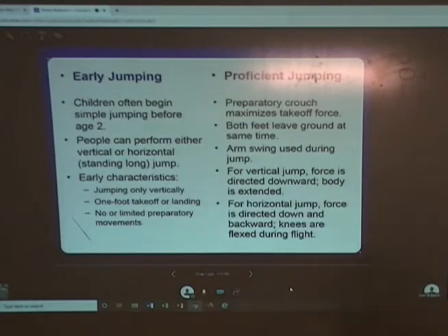So let's take a closer look at jumping. If you look at page 79, table 5.3 is jumping achievements of young children. It has the sequence that you would expect to see with the age that you would expect it. That's quite old, that table. If you look at the note at the bottom, it was originally created in 1936.